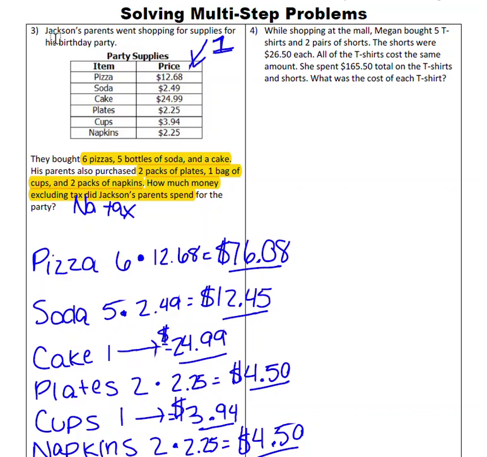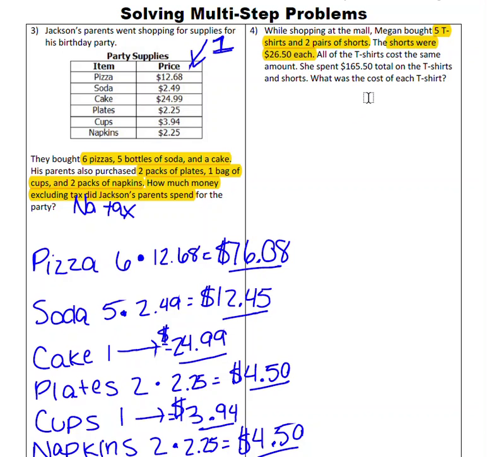Highlighter out. So we need to figure out what she bought first. So she bought 5 t-shirts and 2 pairs of shorts. Okay, and then it says the shorts were $26.50 for every single pair. Highlighter does not want to work tonight.